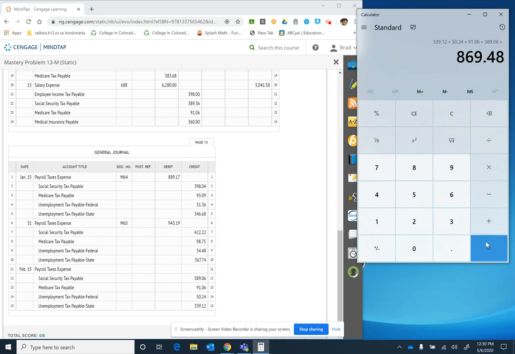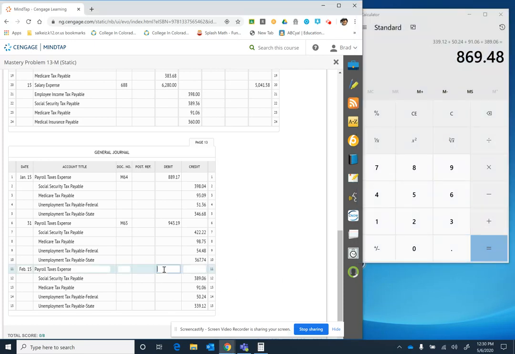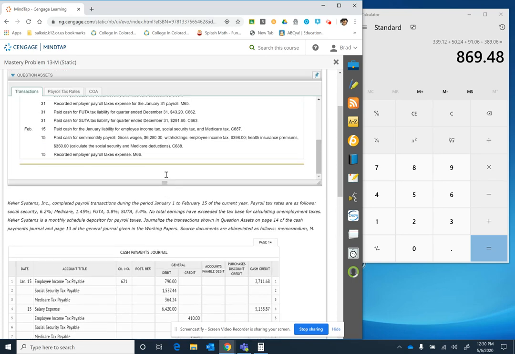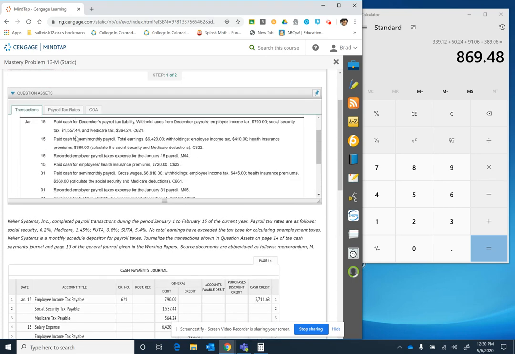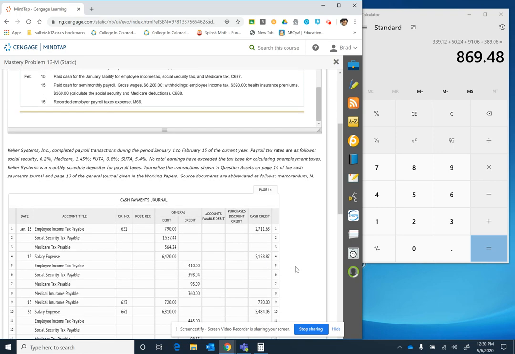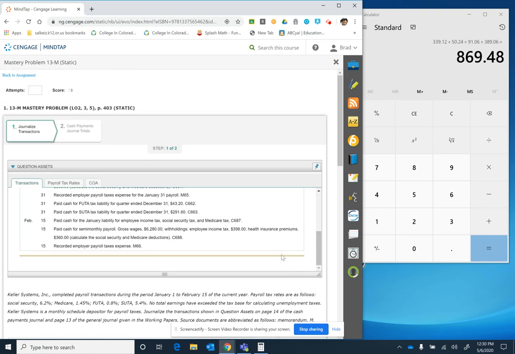So our payroll tax expense for the 1st to the 15th of February is going to be $869.78. This covers the transactions for January 15th through February 15th. This is part one. I'm going to stop recording now, and I'll record part two for the cash payments journal totals.